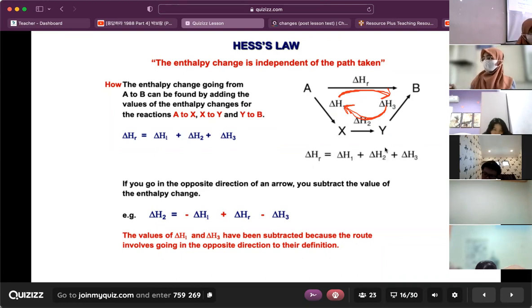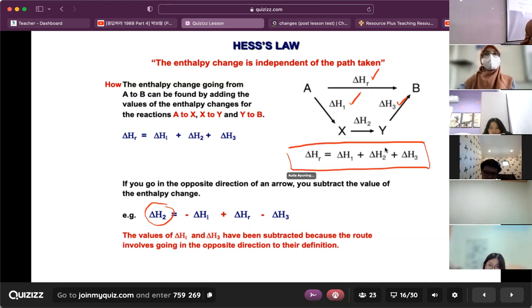But if in the question we know this value, this value, and this value, and you have to calculate delta H2, you can still use Hess's Law to calculate delta H2. Then you need to rearrange this equation using your mathematical knowledge and calculate delta H2. It seems easy, but later I know that it will not be easy. Let's study this together.